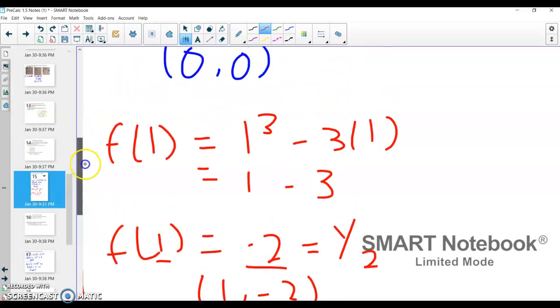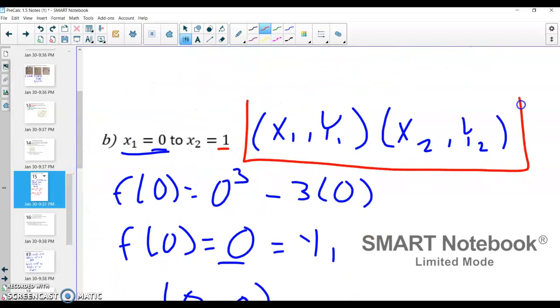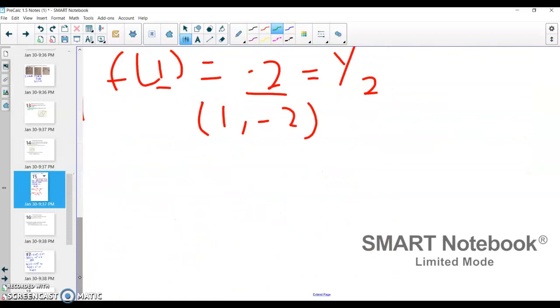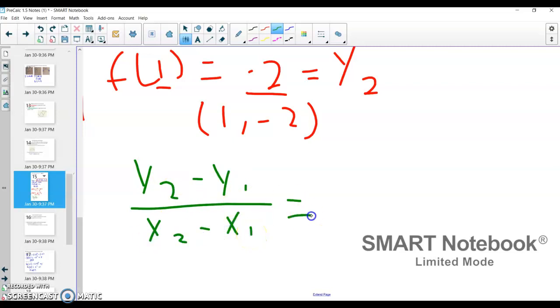I have my x1, y1, x2, y2, and I can use my slope equation to solve. My slope equation, again, is y2 minus y1 over x2 minus x1. Plugging values in, my y2 is negative 2, so negative 2.